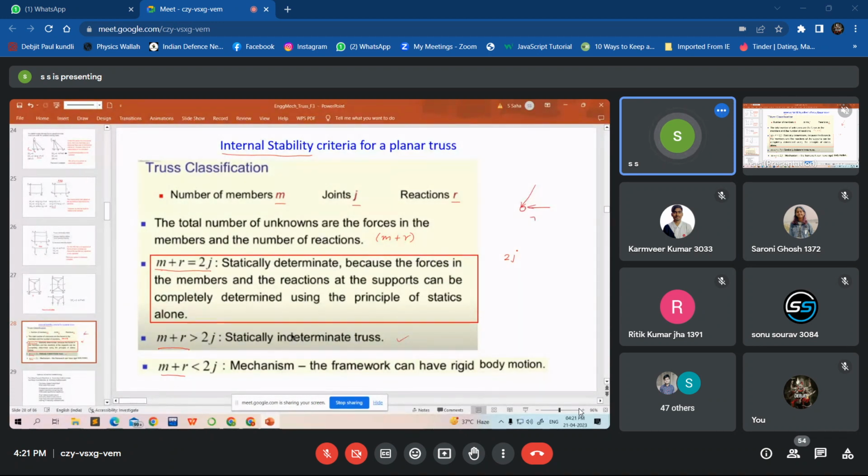So you have sigma Fx is equal to 0 and sigma Fy is equal to 0. That is for a joint. One joint, two equations; for j joints you will have 2j equations. If you have the same number of unknowns as equations, then you can solve. So that is the intent.